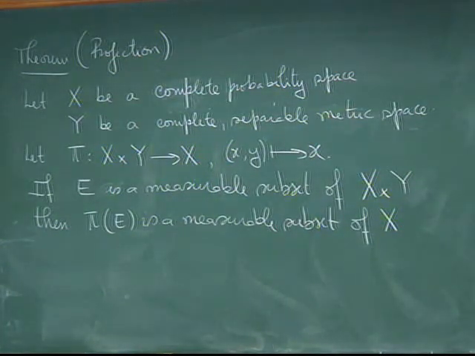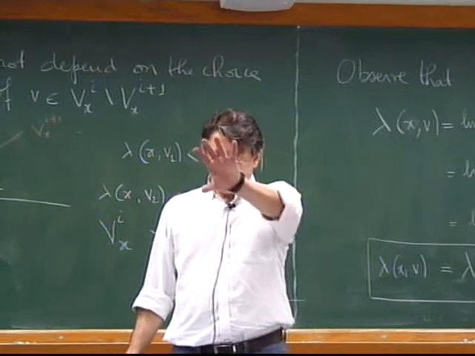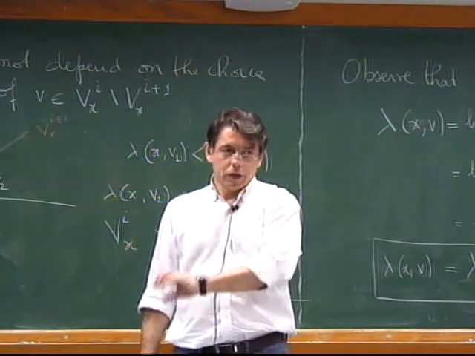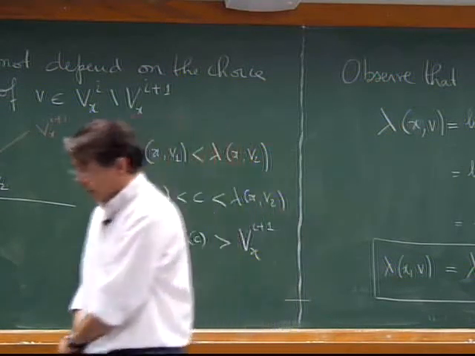If you have two spaces that are not too nasty, X and Y, then when you take a measurable subset of the product and you project, the projection is still a measurable subset. Okay?